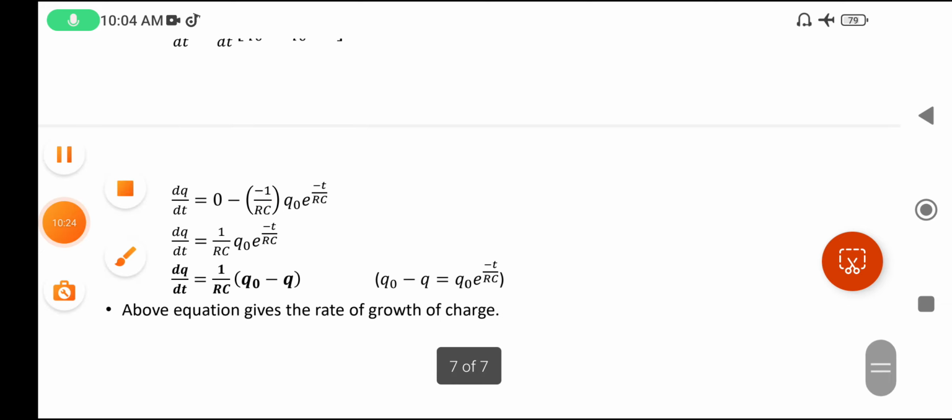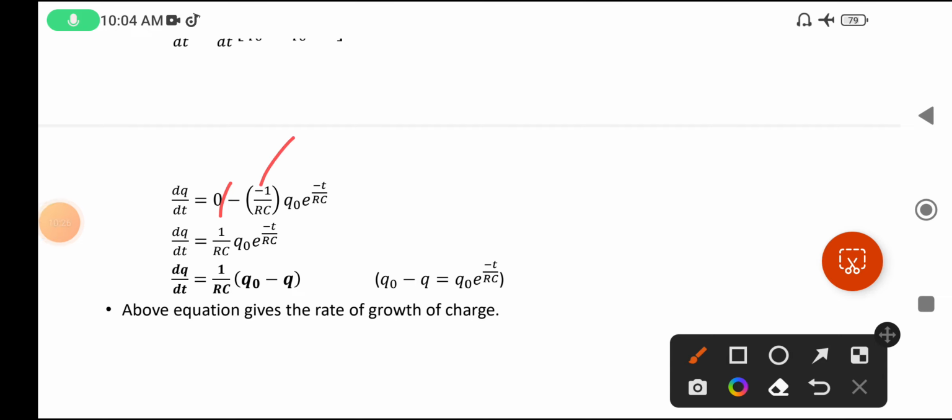Now a minus is already there, and minus into this minus becomes plus Q naught into e power of minus t by RC. And here Q naught by RC we can write from equation 1 like this.